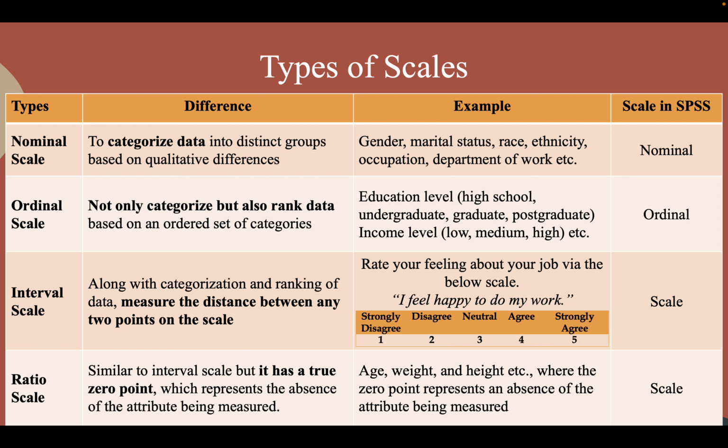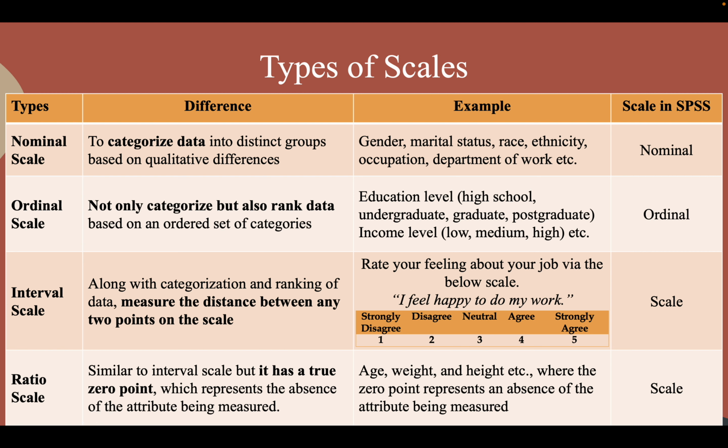Therefore, when a researcher wants to measure those variables which have zero as an arbitrary origin point, in such cases the most appropriate scale would be the ratio scale, and the label of this scale in SPSS is scale. It is important to mention that for interval and ratio scale, the label is scale.